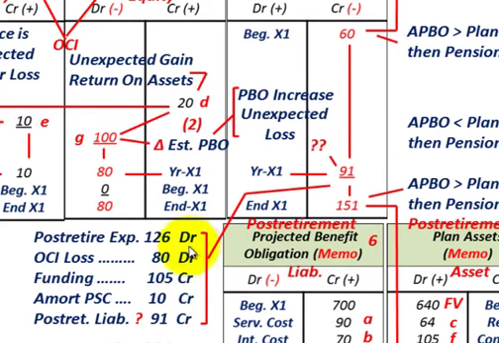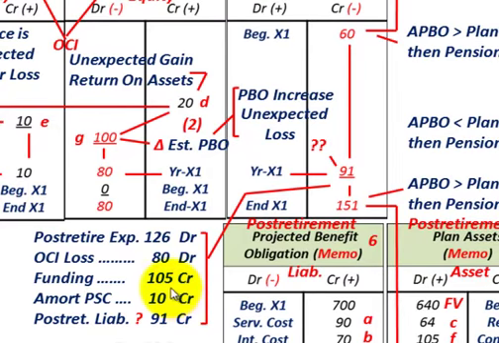So debits of $126,000 plus the other comprehensive income loss for the year of $80,000 balance with our credits: the cash funding of $105,000, the amortization of the prior service cost for the pension expense of $10,000, and then the $91,000 that we have as a credit to the post-retirement asset account, or a reduction to our post-retirement asset account, or an increase in our post-retirement liability. So that's the cross-reference that we had to make.